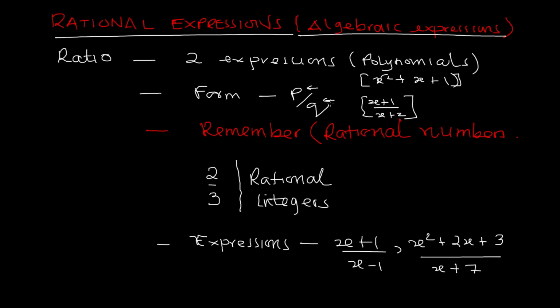So why is this concept important? This concept is very important because mathematics usually moves from complexity to simplicity. So anything we try to do, we try to get to either one number or a very simplified form of either the equation or the expression.